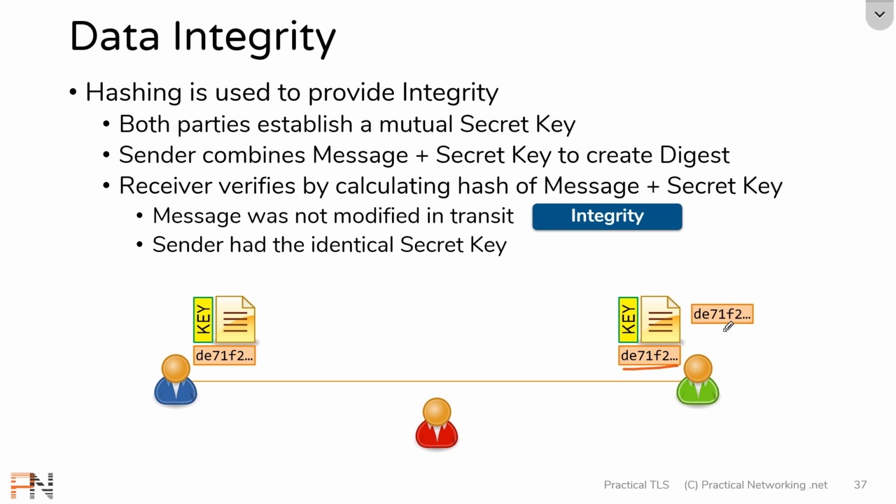So by comparing these two digests, this proves that the message was not modified in transit and that the sender had the identical secret key. This gives us authentication because we know the sender was the same person that I had established the mutual secret key with. Remember, integrity and authentication are two of the three major purposes of SSL. And here you see them both provided using this concept of combining a message with a secret key.